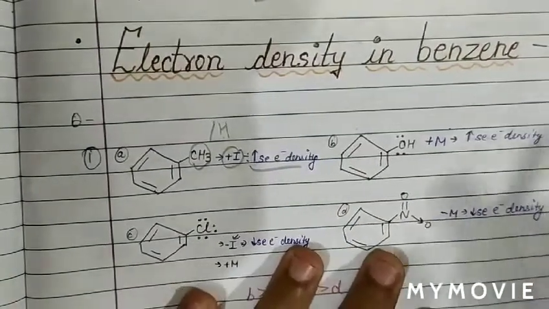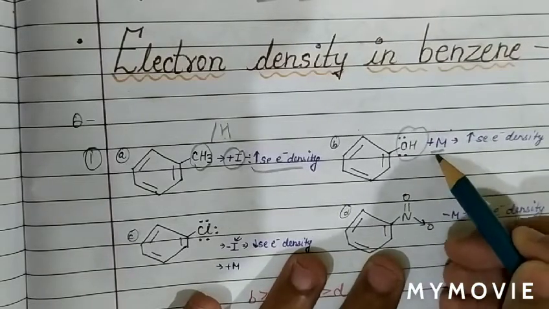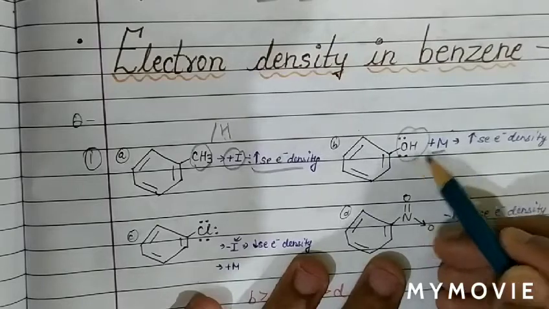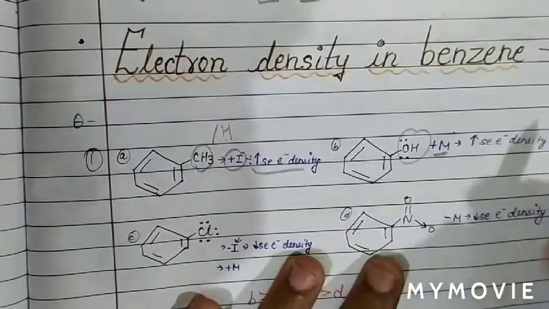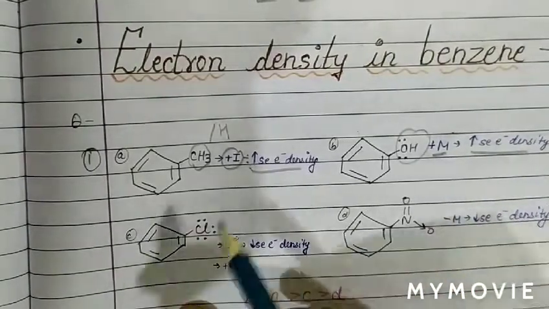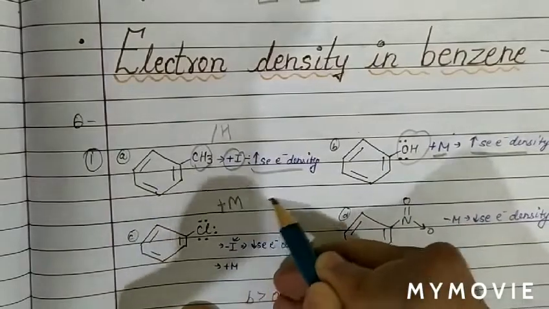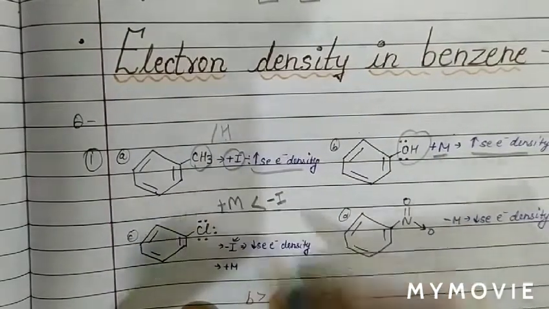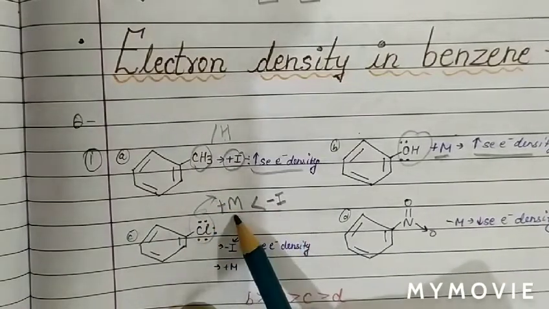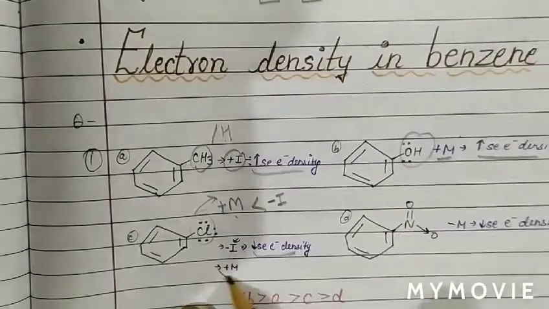Now see, again we can see OH group is plus M, and its plus M is powerful with respect to minus I. So plus M is electron donating in nature, so we can say it also increases the electron density. Now see the next. We can see when chlorine is attached, it can show plus M and minus I, but in case of halogen, minus I is stronger than plus M. So we can see due to minus I, electron density will decrease in the benzene ring.